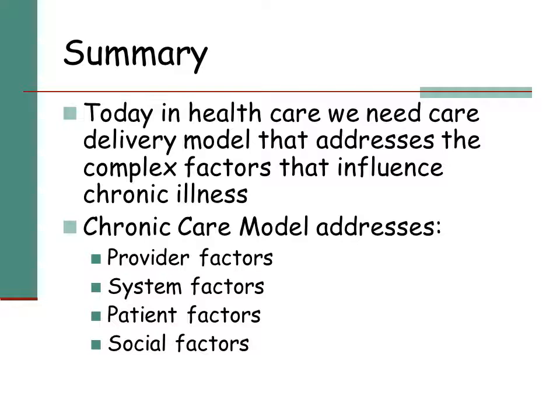We haven't really had a model. And so when you start planning your quality improvement interventions, the advantage of the chronic care model is it looks at all of these factors. It looks at the provider, the system, the patient, and social factors. So it's a significant advantage to look at this in a much more comprehensive way using this model.